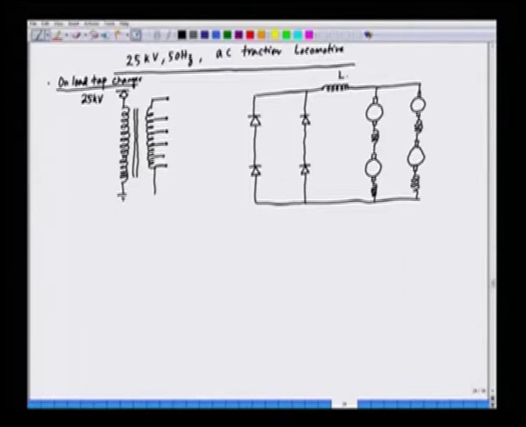This is the filter inductor, that is LD. And then we have the on-load tap changer. This tap changer is connected to the secondary side, and we have the diode bridge here, and these are the traction motors.